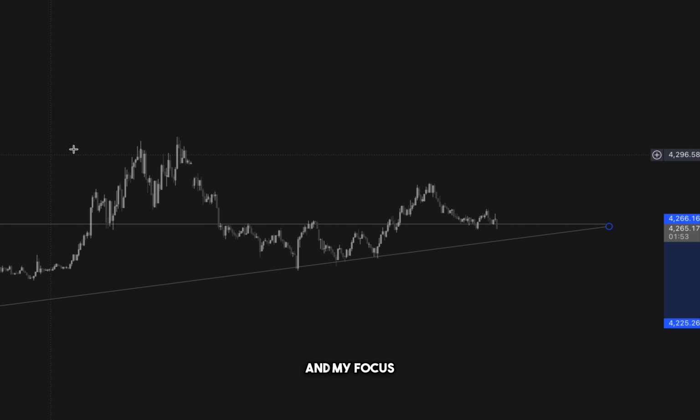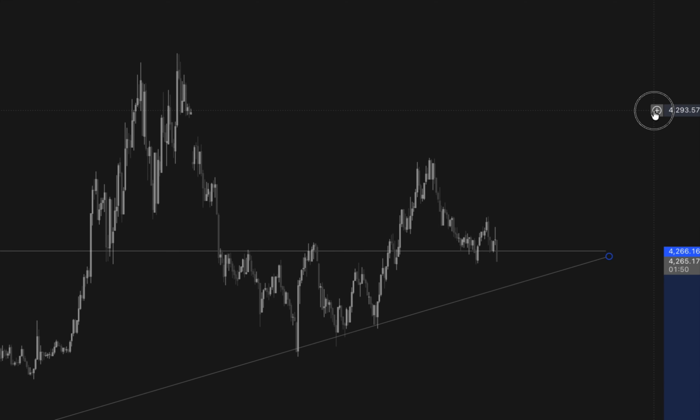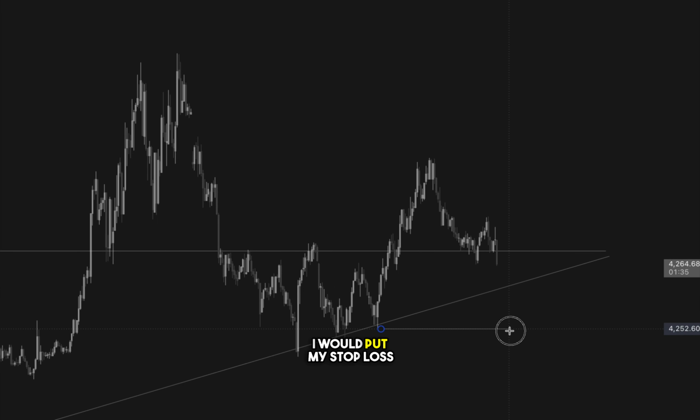And my focus for this trade would be taking the trade exactly where it is, but having my stop losses around this level. Okay, so if I would take the trades, I would put my stop loss here.